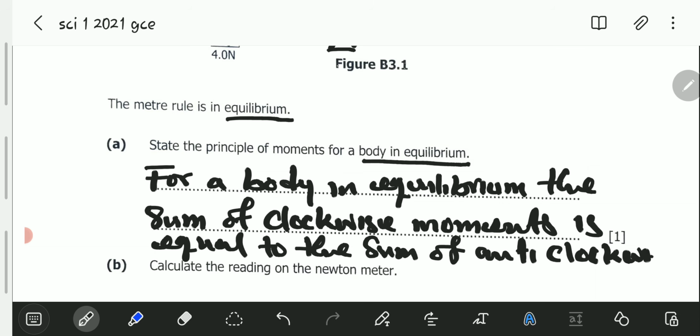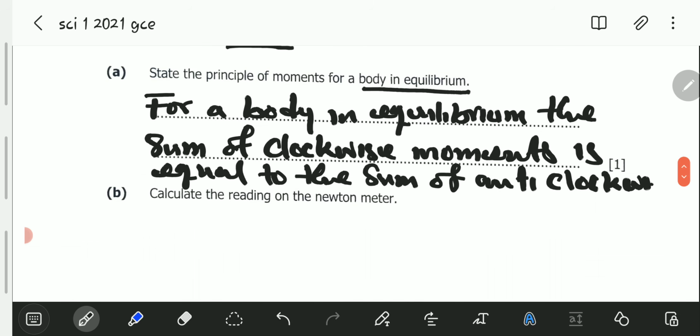So it's always the sum of. It is not just that clockwise moments are equal to anticlockwise; it's the sum of these moments that are equal.